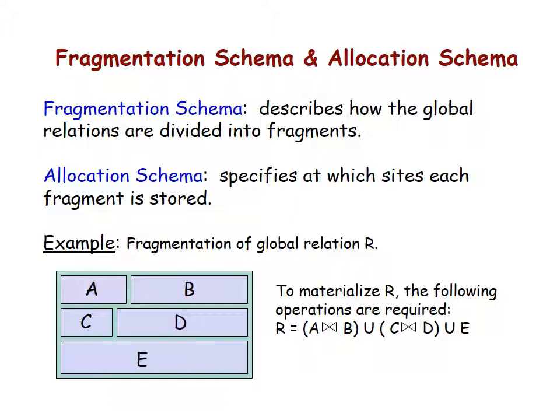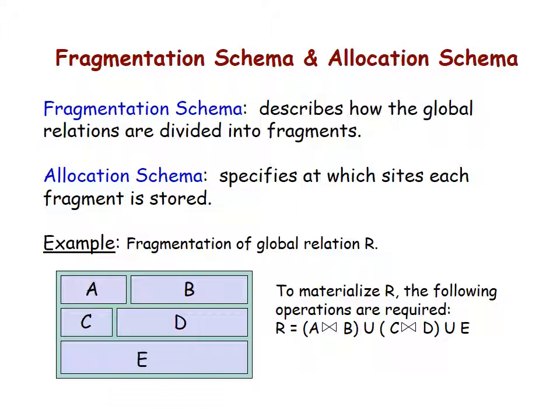As illustrated in this diagram, we can have a hybrid of horizontal fragmentation and vertical fragmentation for a given relation. The relation R has 5 fragments A, B, C, D, and E. First, R is horizontally fragmented into 3 horizontal fragments.